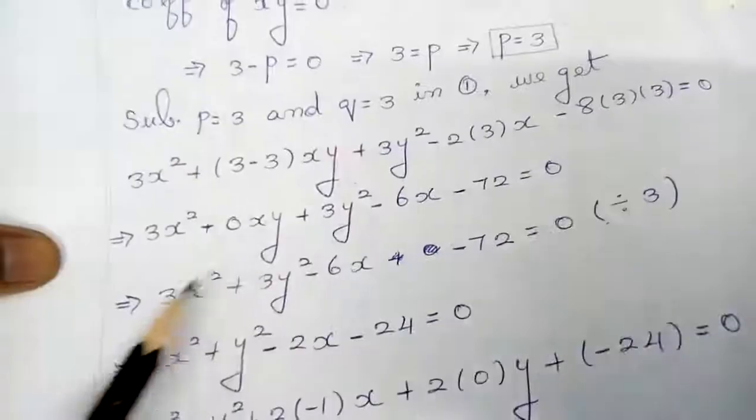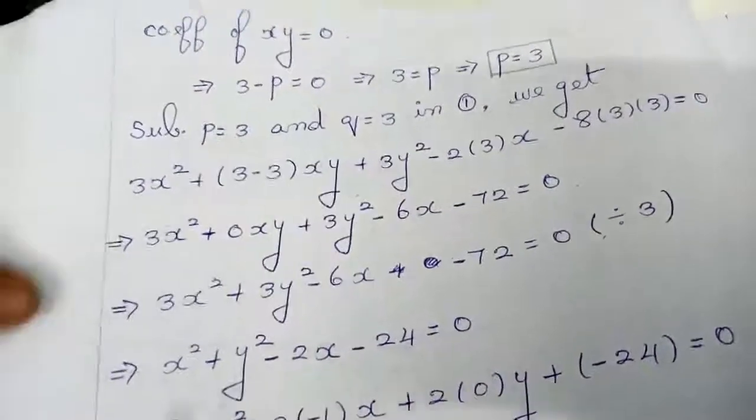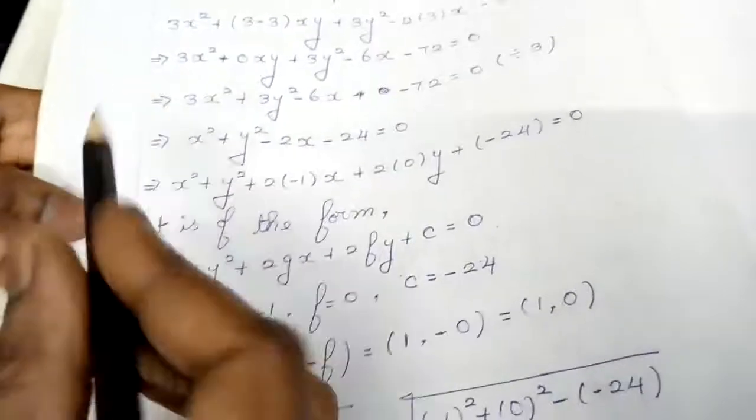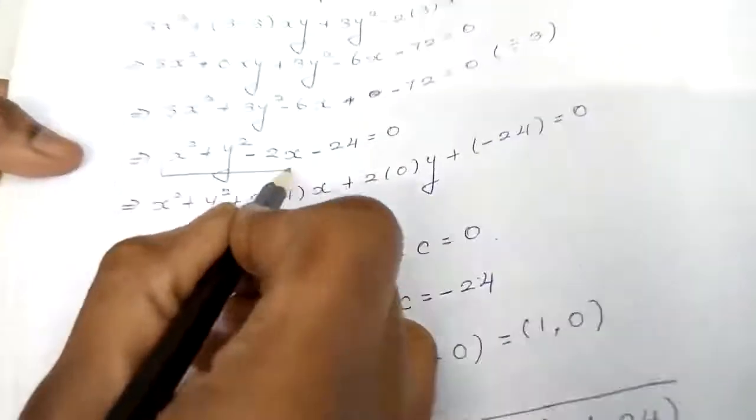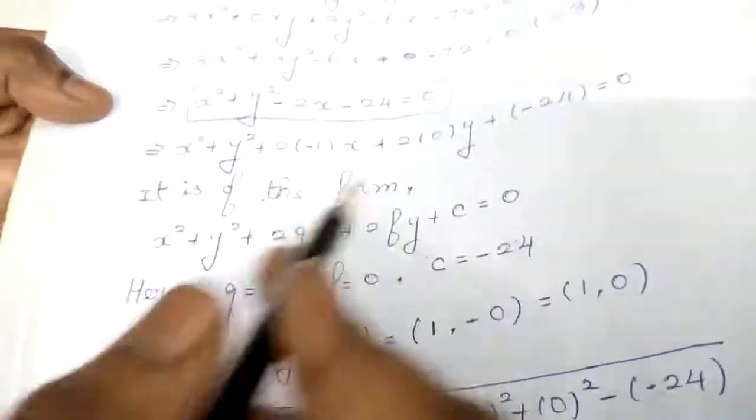Substitute in 1. After substituting in 1, do the simplification. After solving, you get x square plus y square minus 2x minus 24 equal to 0.